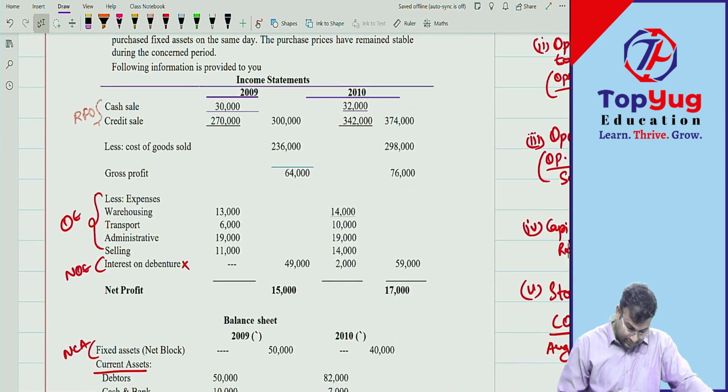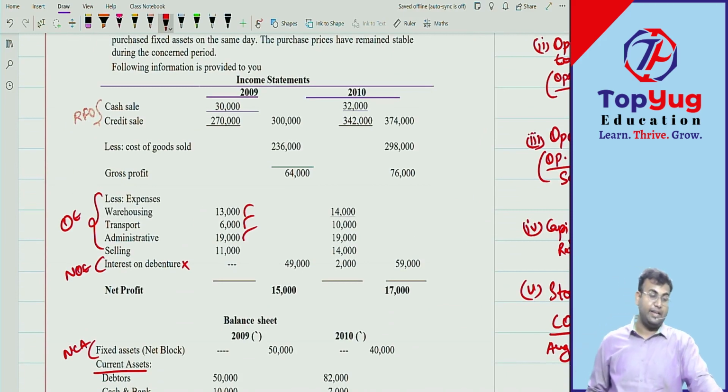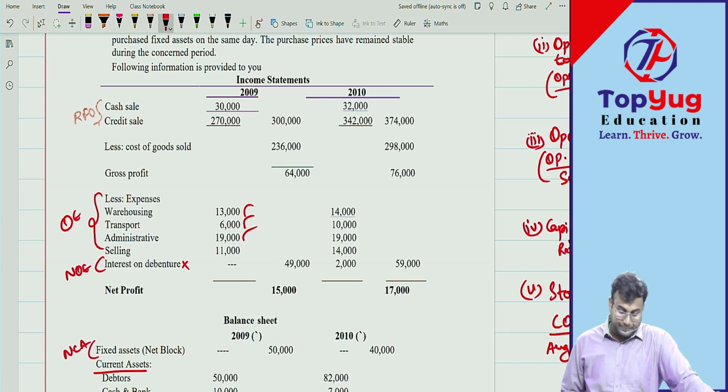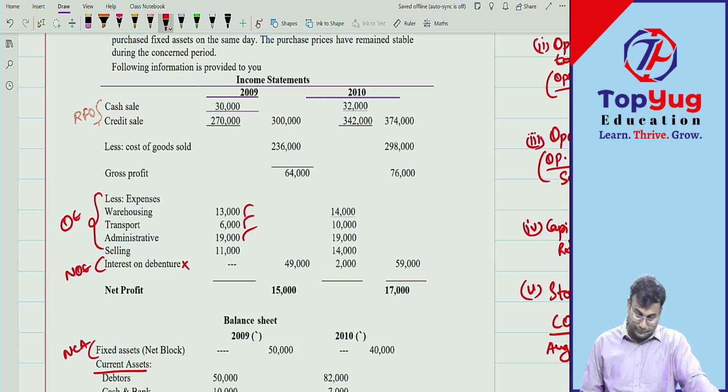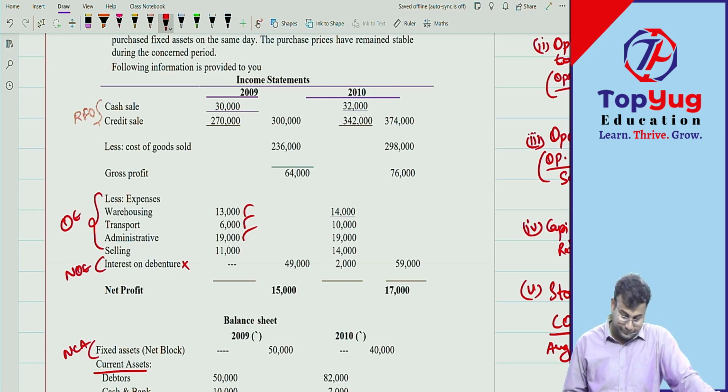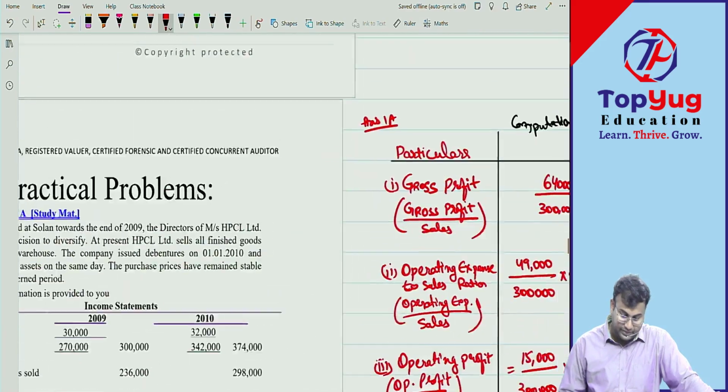See here, 13 plus 6 plus 19. You leave cost of production. What is my actual operating expense which I am incurring from the accounts part? 19 plus 6, plus 11, because interest on debenture is not included.